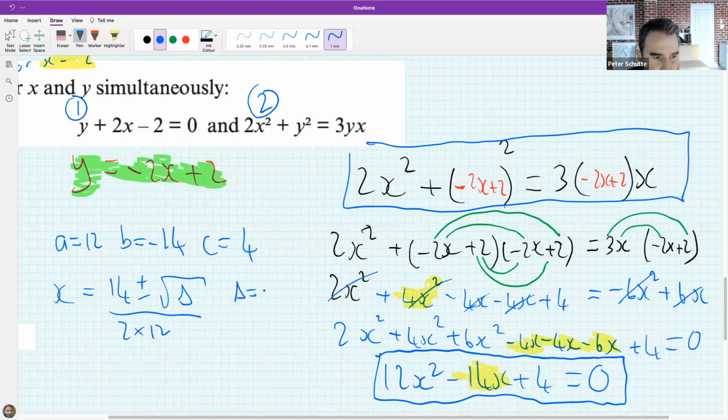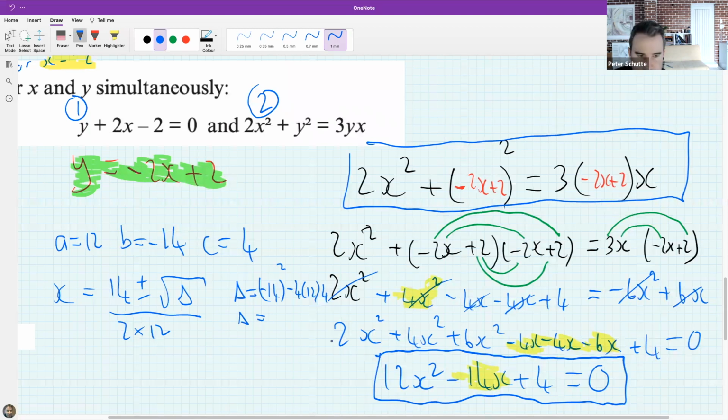It's b squared minus 4 times 12 times 4. So 14 squared minus 4 times 12 times 4. Who wants to tell me what delta is? What do you guys get for delta? Who's going to help me out?